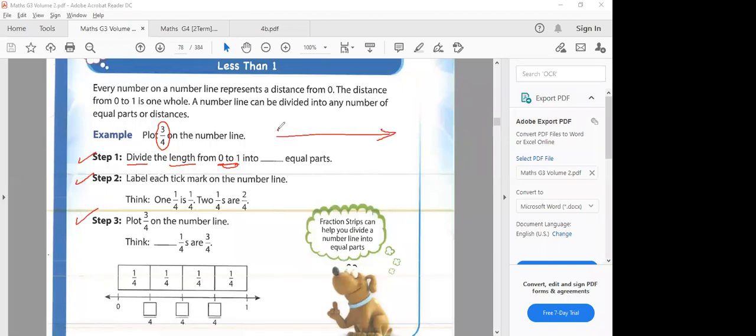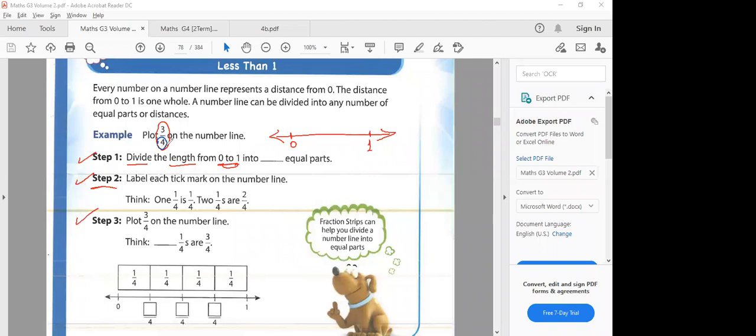You just draw the number line, put 0 in the beginning, and 1 at the end to the right. And second step, label each tick mark on the number line. Divide the number line into equal parts, exactly the same as the denominator.